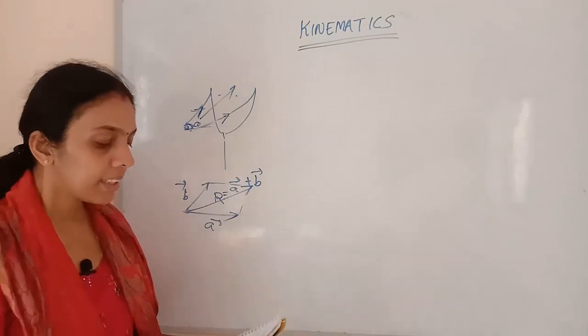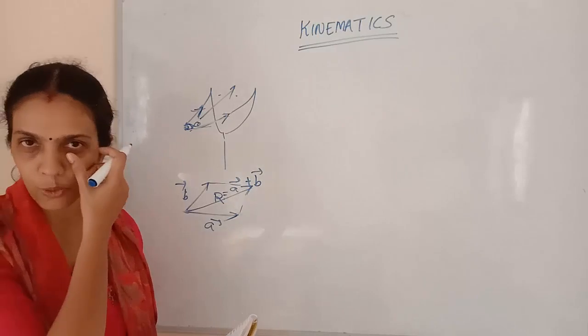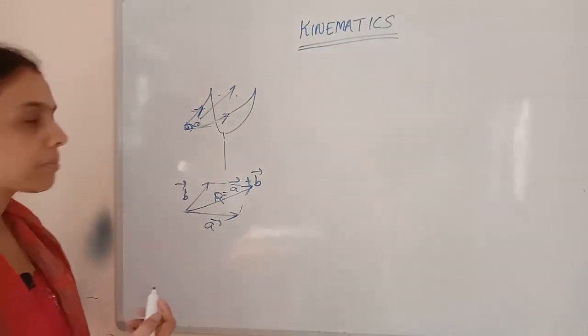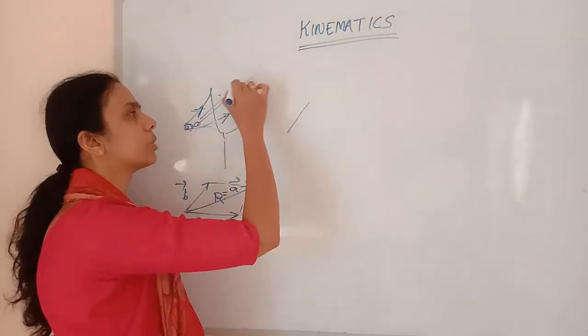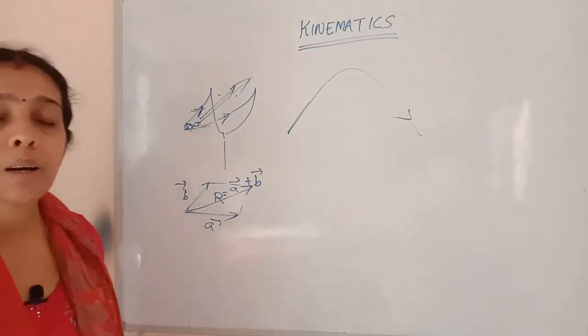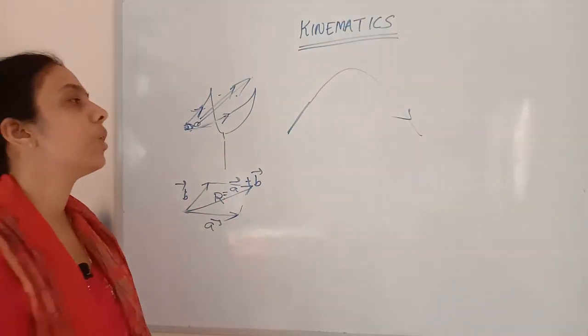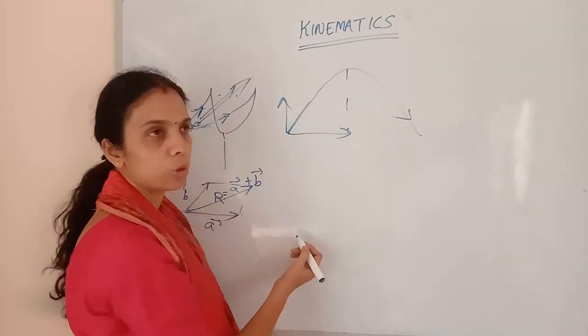Next is, derive the expression for maximum height reached by the stone. How can we find out the maximum height reached? See, the stone is thrown from here, it will go and come back, so it is a projectile motion. How can we find out the maximum height in the case of projectile motion?